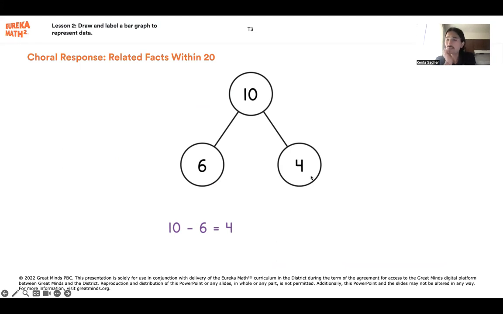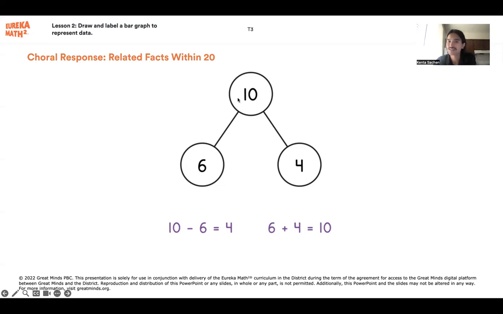Now, an addition problem that's just like this one is 6 plus 4 equals 10. We said 10 minus 6 is 4, or 6 plus 4 is 10. Now, what's a different subtraction problem I can use here? I'm going to start with 10 again.